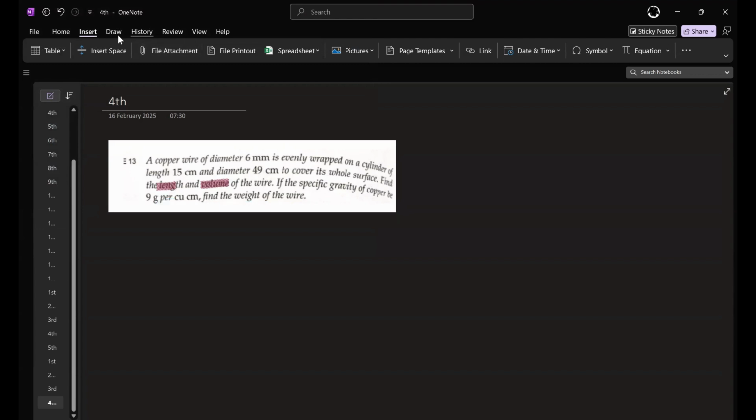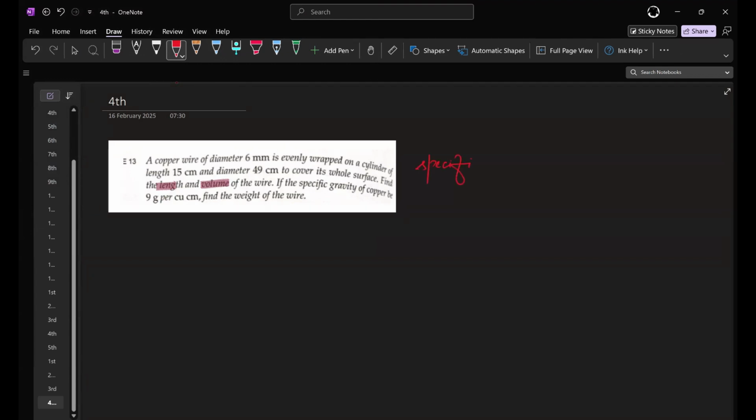For this question, let me tell you that the specific gravity of any substance is equal to the density of that substance divided by the density of water.